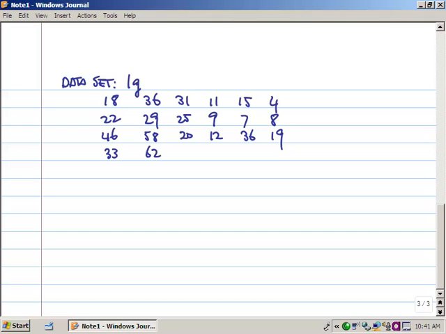Then 33, 62, 18, 24, 13, 15. Now this is raw data, but I'm going to show you how we would put the raw data into interval form.